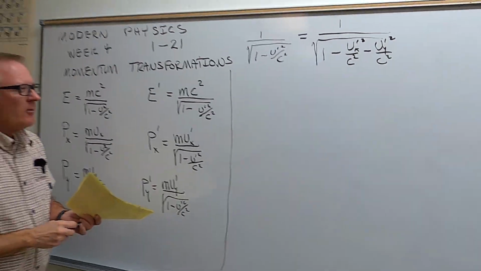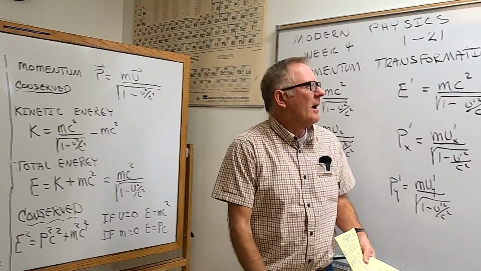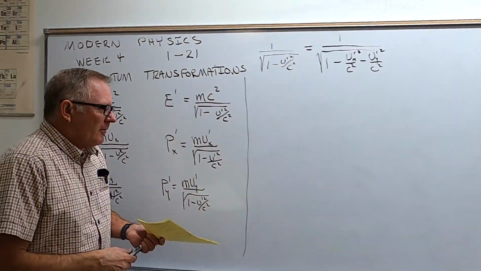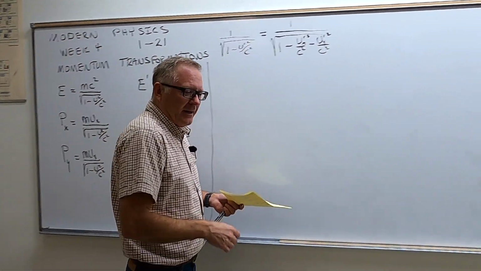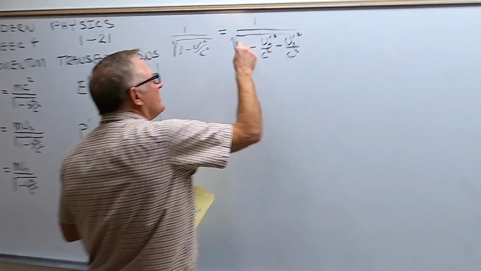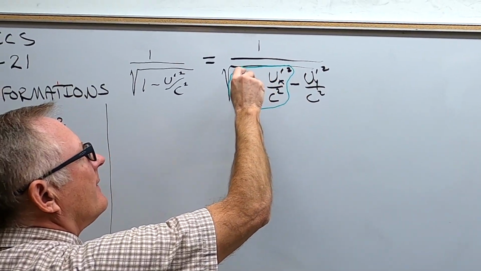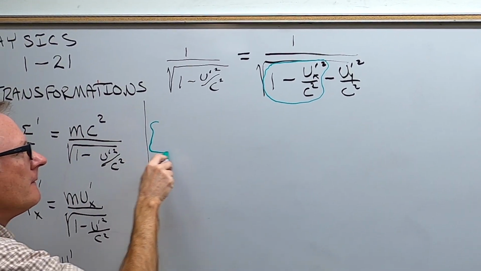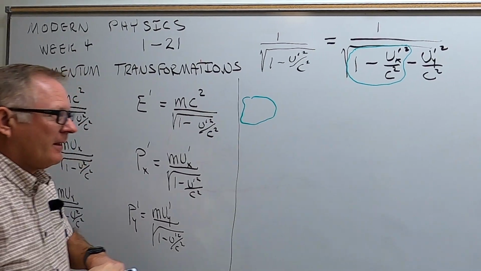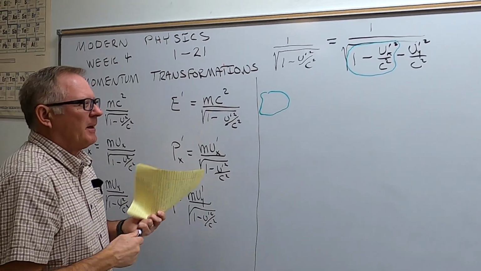Okay, and now I really just have to plug in what the ux prime is and uy prime is, square them and put them all together. But so I don't bite off such a big piece, let's look at this piece right there. There it is right there. I'm just going to work with that first, and then I'll expand upon that.